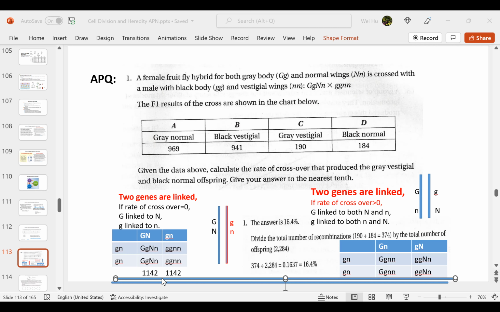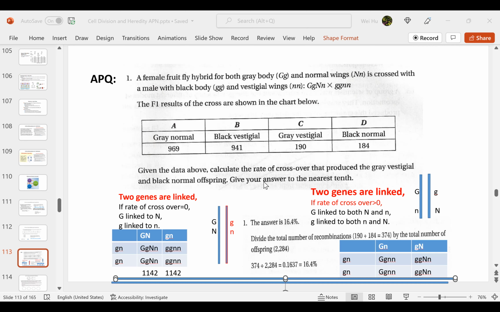Not 2. Not 2. So then you still have a big G linked to big N and small g linked to small n, but you have crossover. So the crossover has happened. So now they ask you to calculate what's the crossover rate.